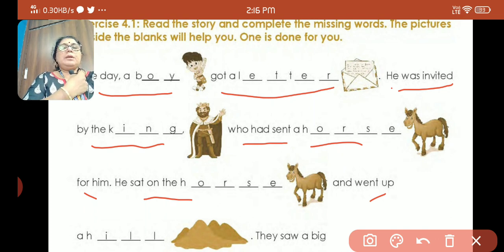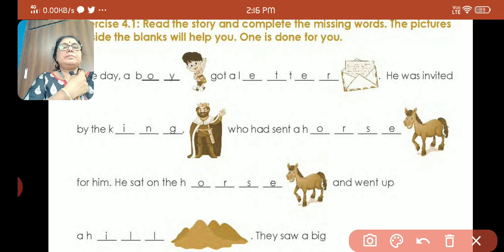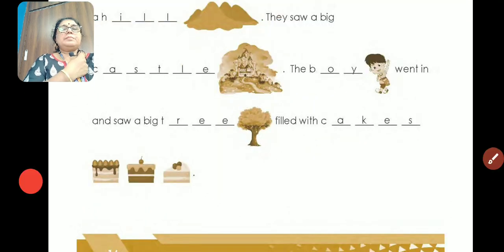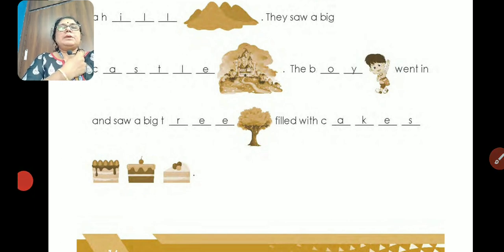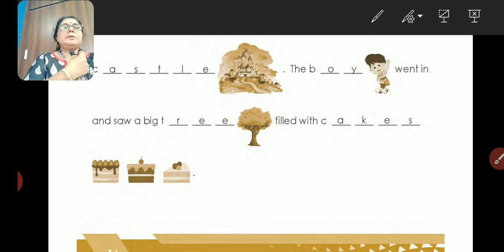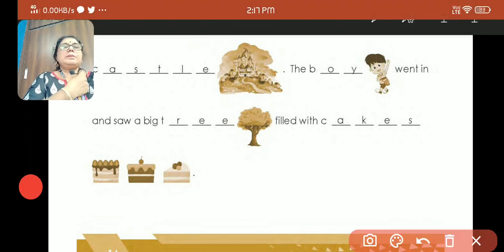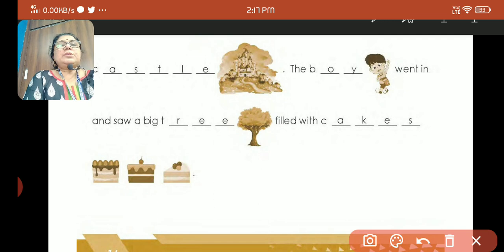Okay, now see, we got it, went up a hill is done. Now went up a hill. After that what comes? The boy saw a castle.